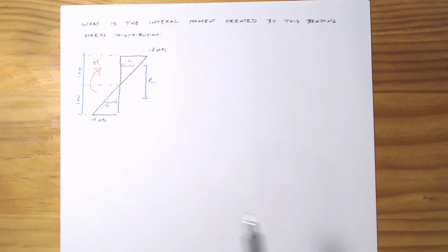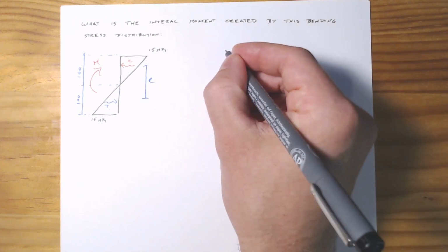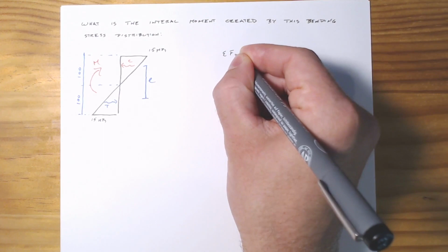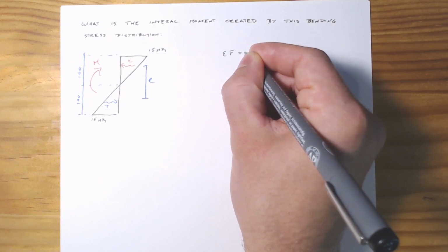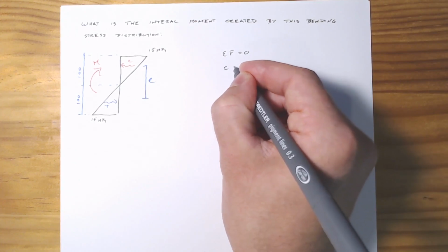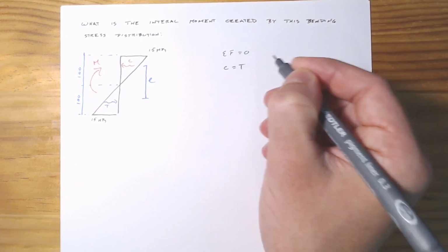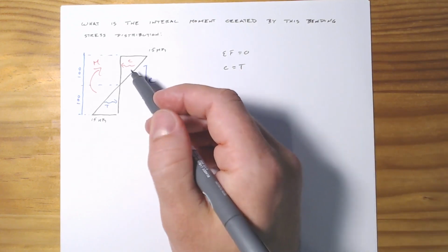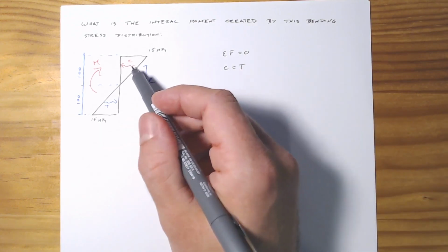In order to work out what this moment is, we just need to use statics. For the section to be in equilibrium, the first thing that needs to happen is that the sum of the forces has to equal 0, which means that the compression has to equal the tension. This is the key aspect to this. So what is the magnitude of this resultant compression force?